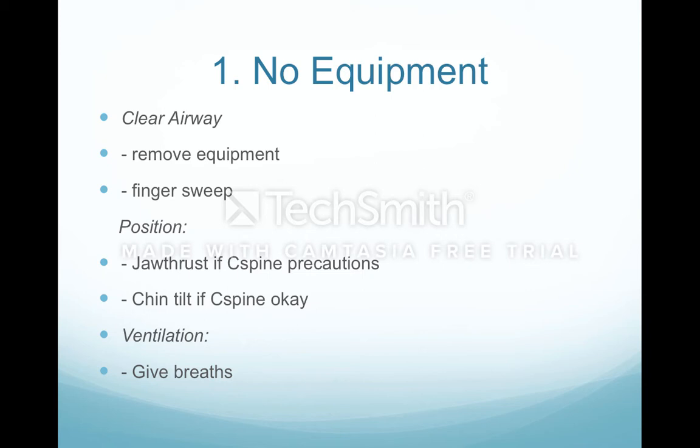What kind of things can you do? So I broke it down into three potential mechanisms that you can use to approach the patient. Number one is to clear the airway, like we talked about, so removing equipment, whether that's a face mask or doing a finger sweep to remove a mouth guard or gum shield.